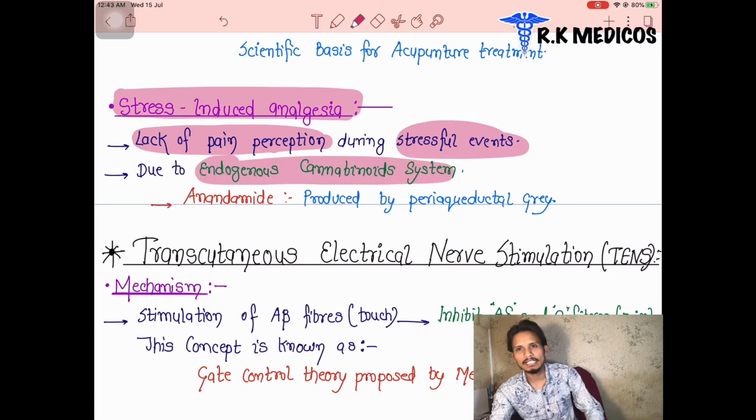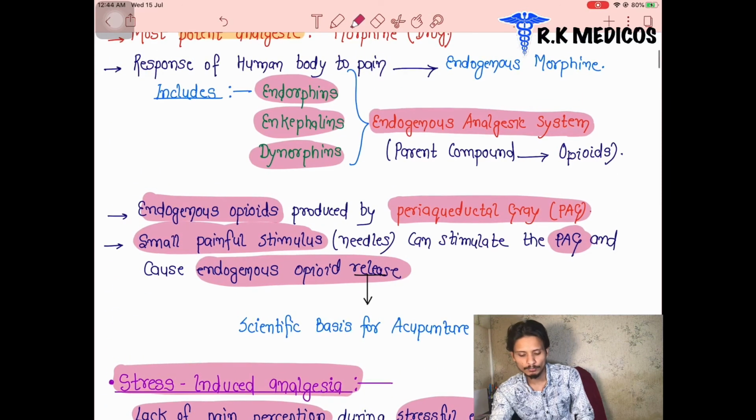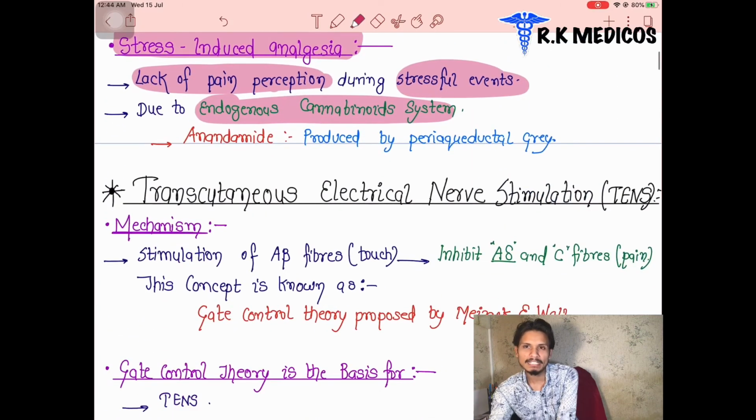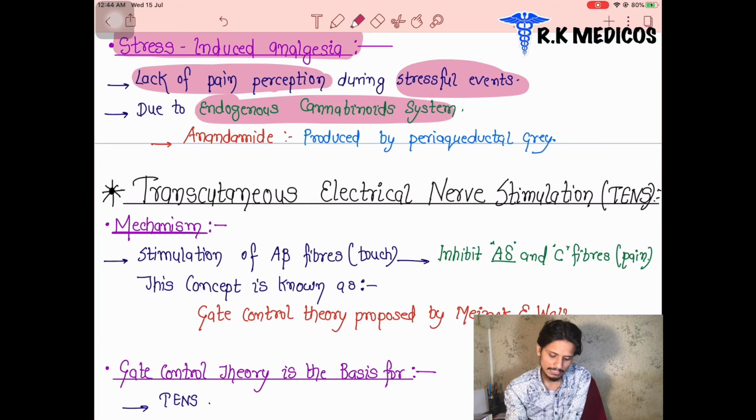When the patient has pain perception, the pain-relieving substances released are called the endogenous opioid system, or endogenous analgesic system. But when the patient is in a stressful condition, the cannabinoid system is activated, and a special type of substance called anandamide is released.